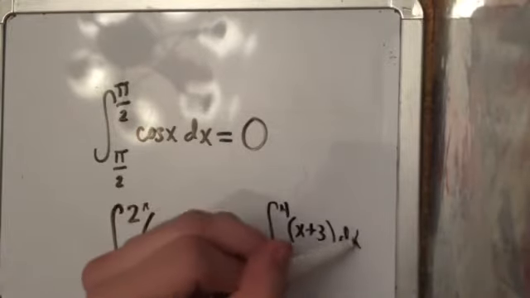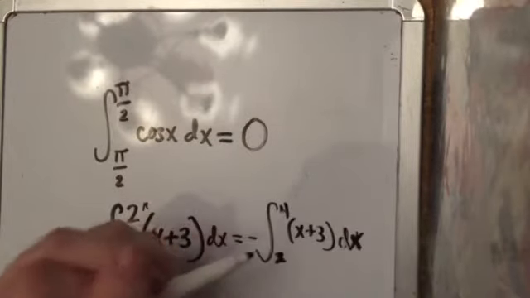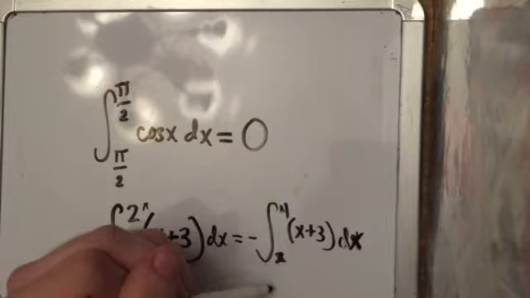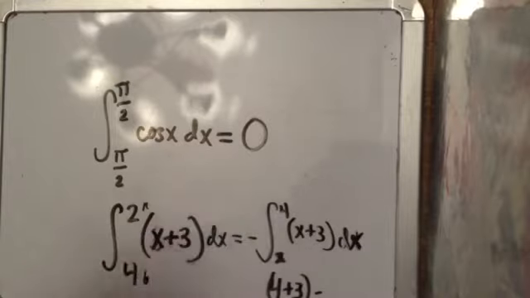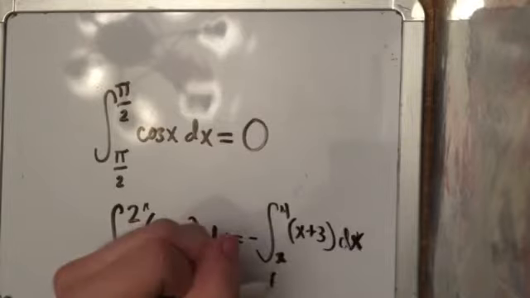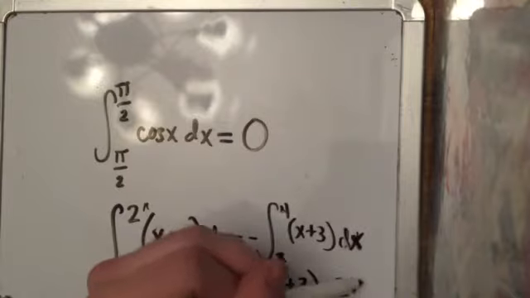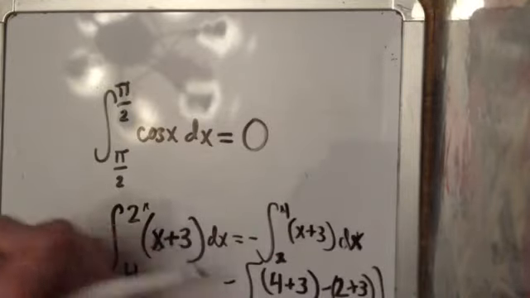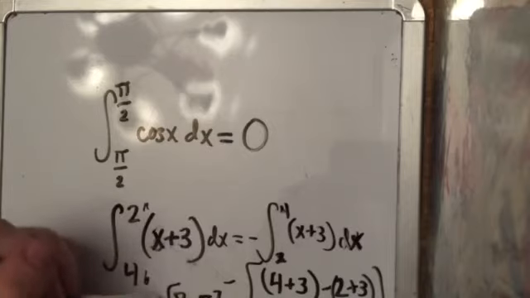And that is simply 4 plus 3, and using a little math, we find that it equals -2.